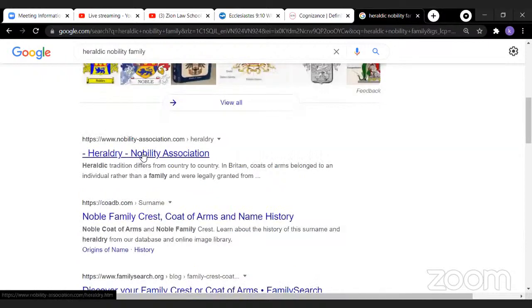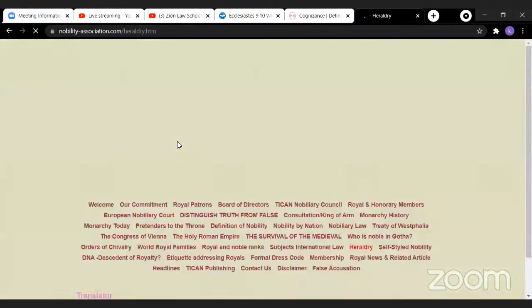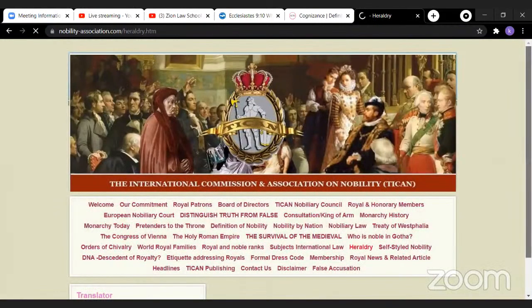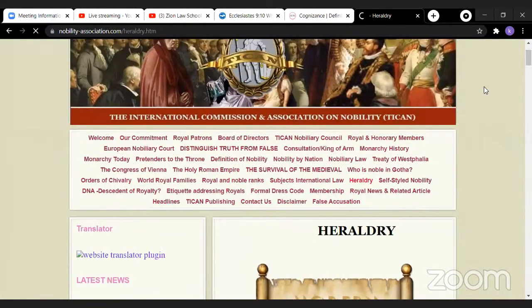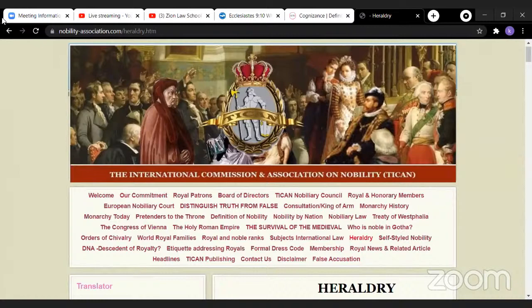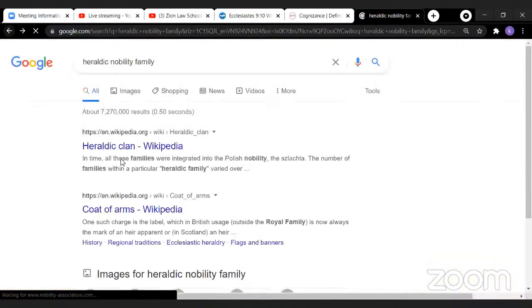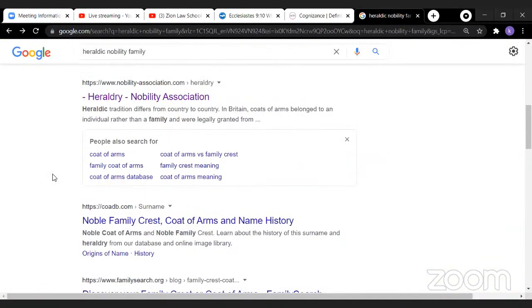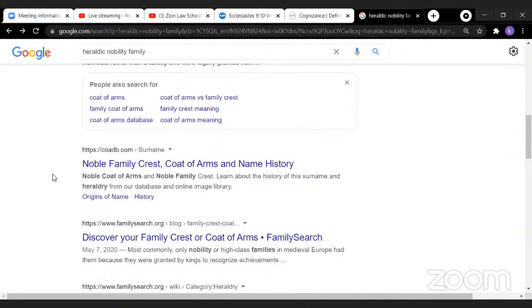Okay, so let's see what we get here. So the Most High is remembering people by their family. Go back to the other one. Can you go back? Let's go back to where you selected this one, where they have the crescents and the coats of arms and names in history.